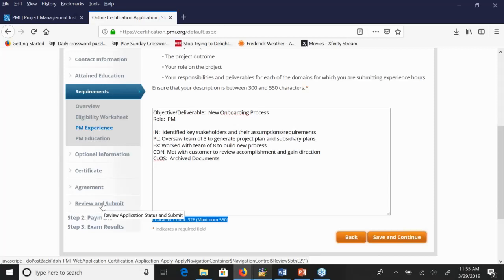On Wednesday morning, I got the notice from PMI: we have received your application, it is now in process. Thursday afternoon, he got the email: congratulations, you have passed the audit and may schedule your exam at any time. And it wasn't a busy time, because he called his local Prometric testing center and boom, scheduled his exam for Friday, passed the exam on Friday.